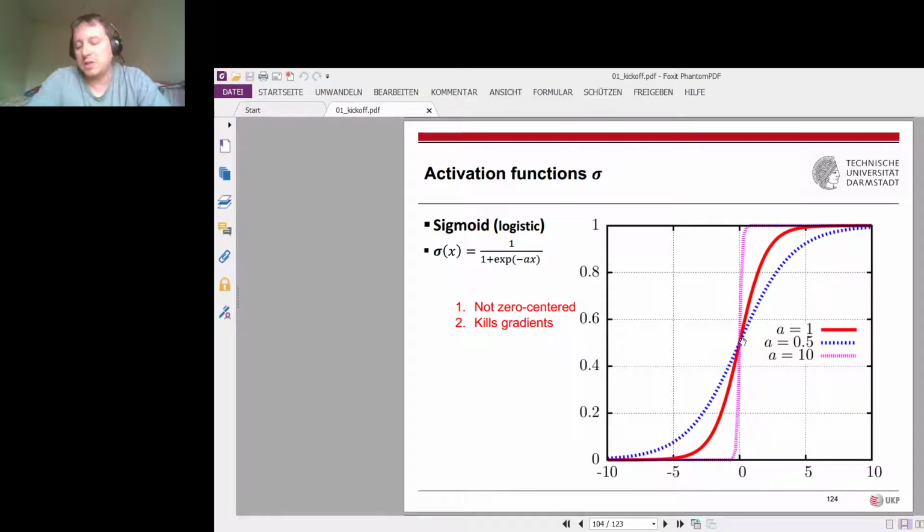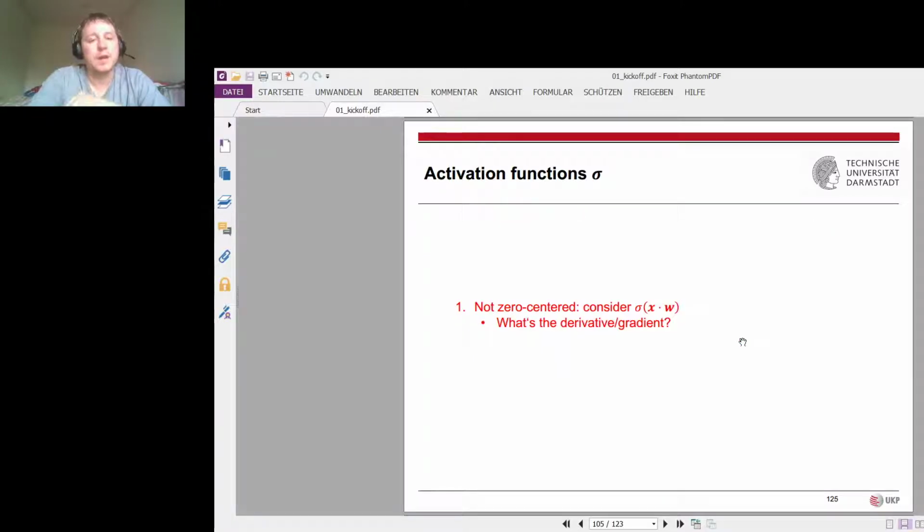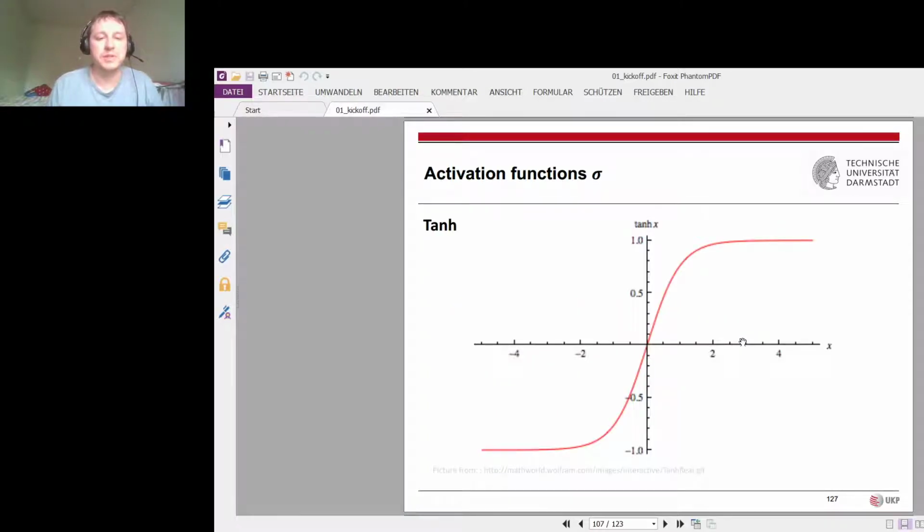So zero-centeredness is a property that we typically like. There's a mathematical explanation why zero-centeredness is a good thing that you want, but we'll not go into that at this point in time.